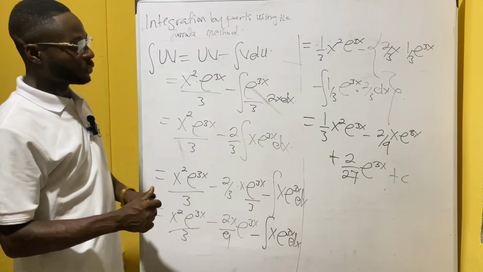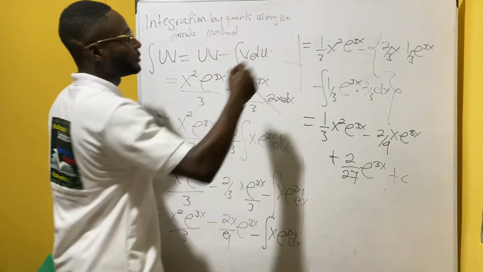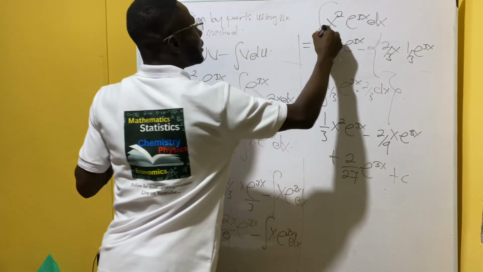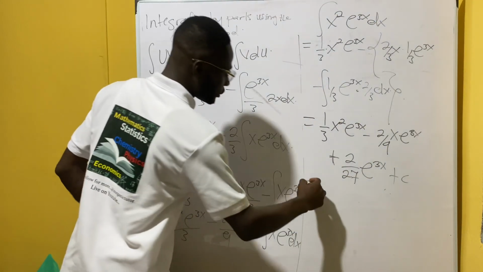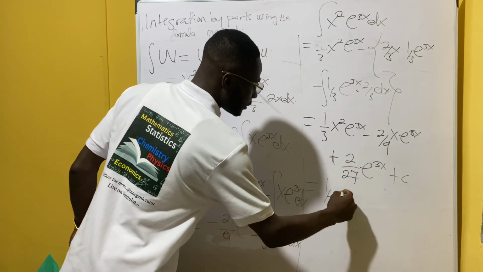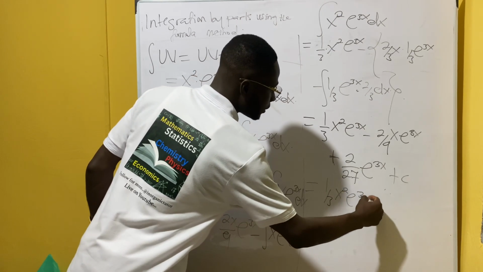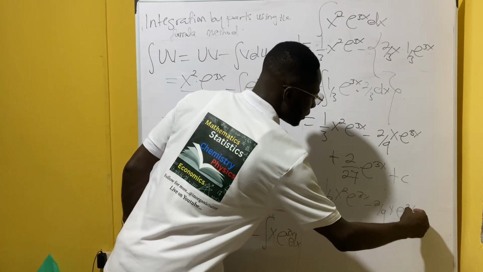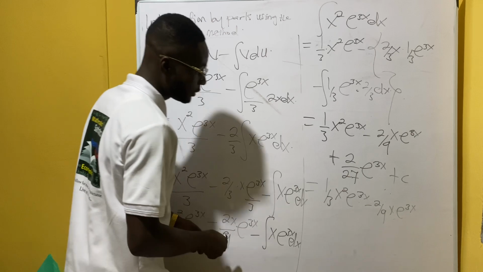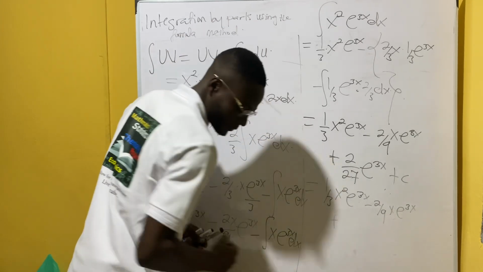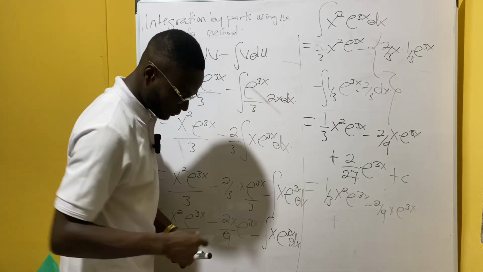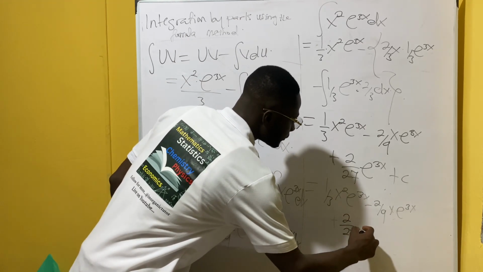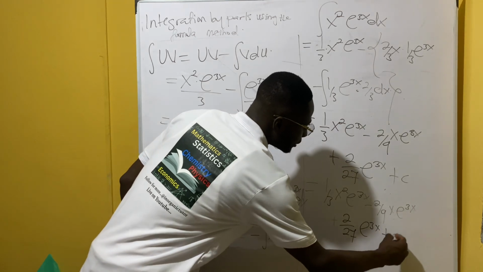So that is the solution to this. Plus 2 on 27 e power 3x plus c.